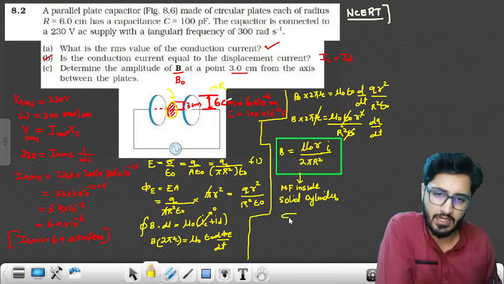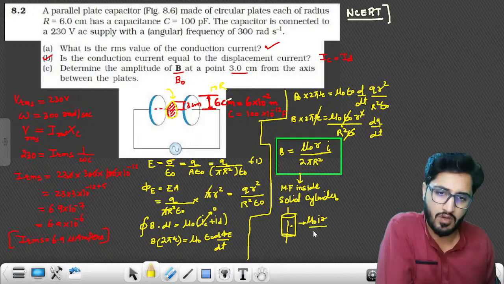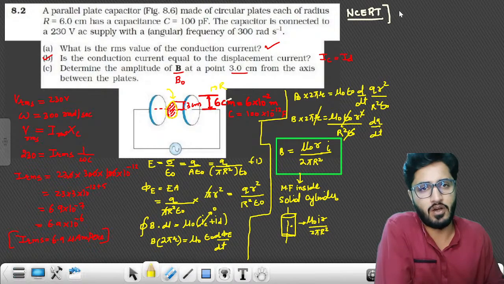If this is my solid cylinder, inside, the magnetic field is mu naught I r whole divided by 2 pi r square. Done.